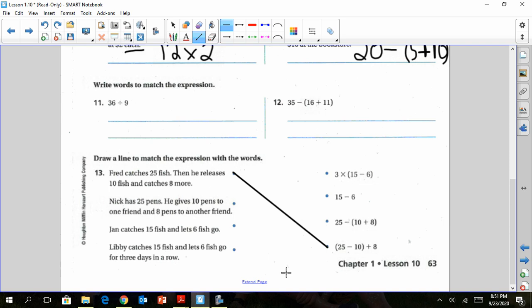Nick has 25 pens. He gives 10 pens to one friend and 8 pens to another. So he's giving a total of 18 pens away. So we're going to take 10 and add 8, and then we'll subtract it. That would be this expression right here.